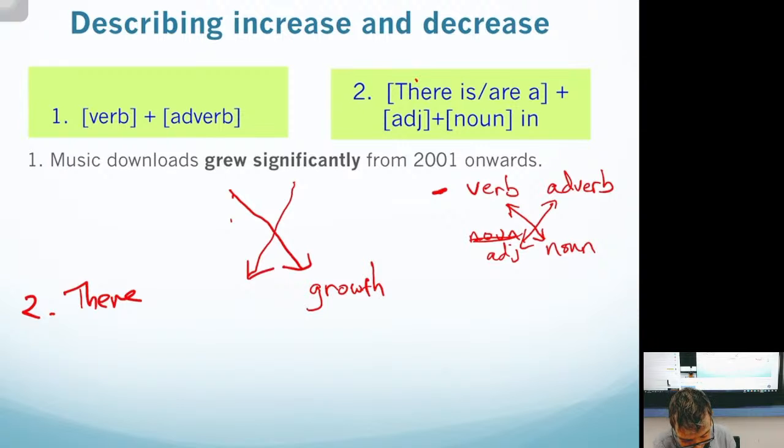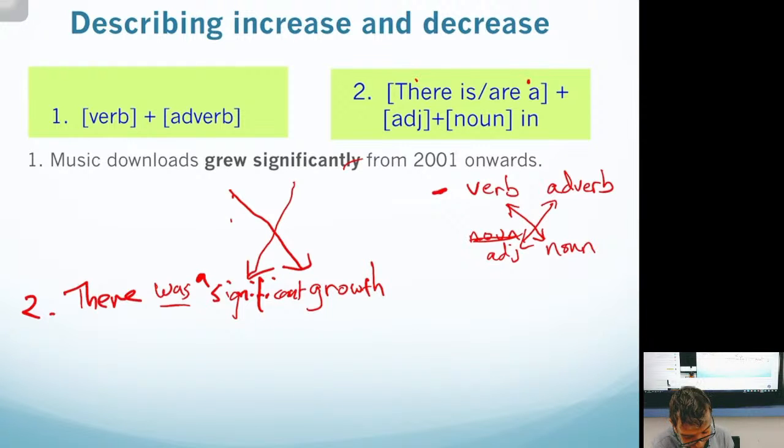And then this one, significantly, where we just take off the ly, so that becomes significant. Apologies for my handwriting. And then, is this present tense or is this past tense? We know this is past tense, so the is becomes a was. Don't forget a.